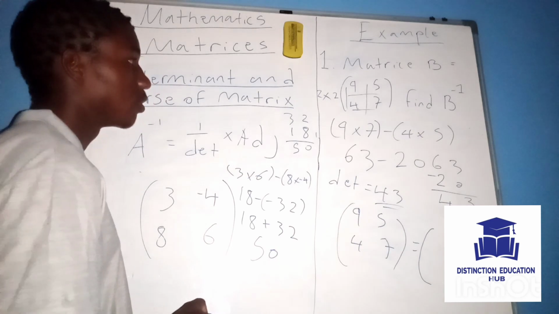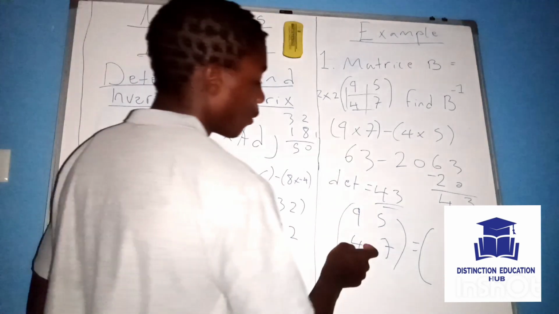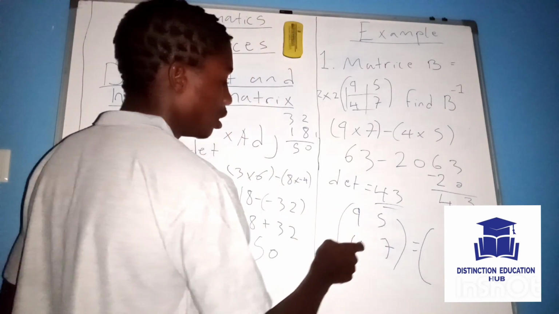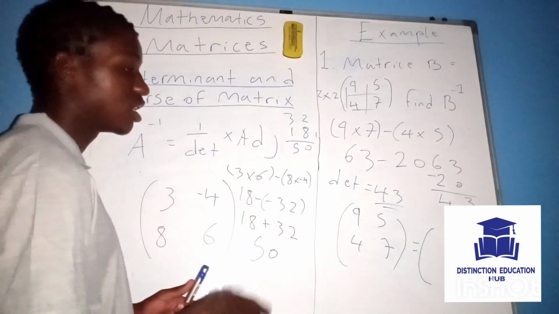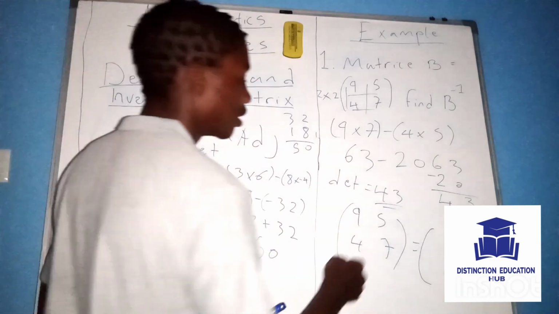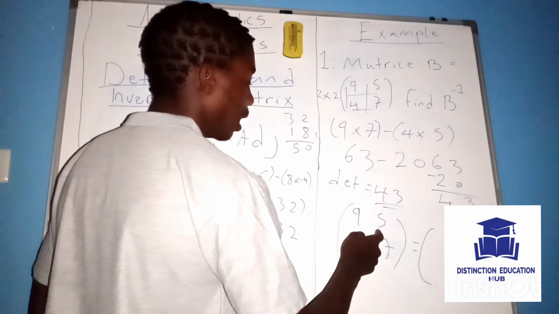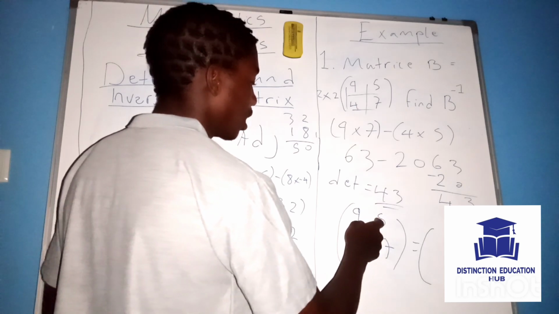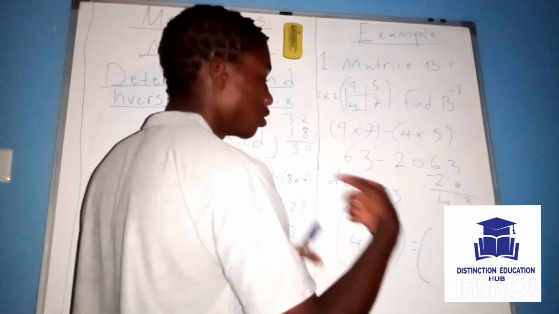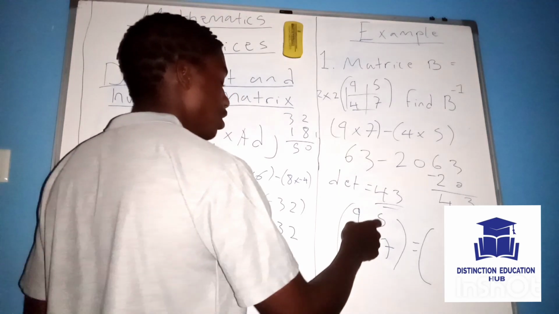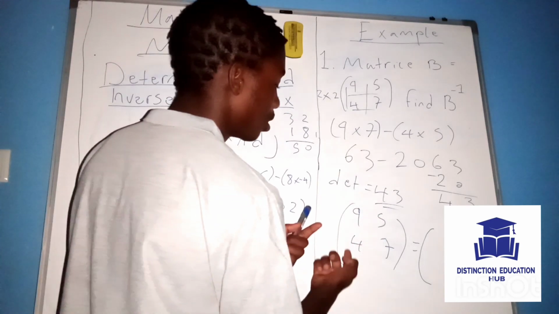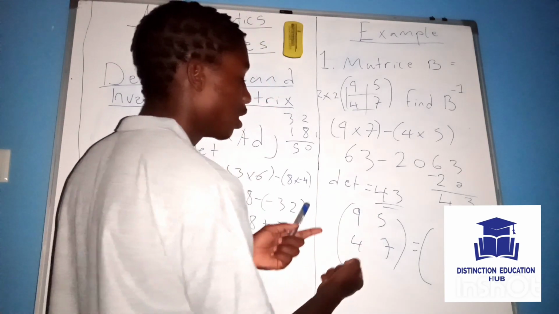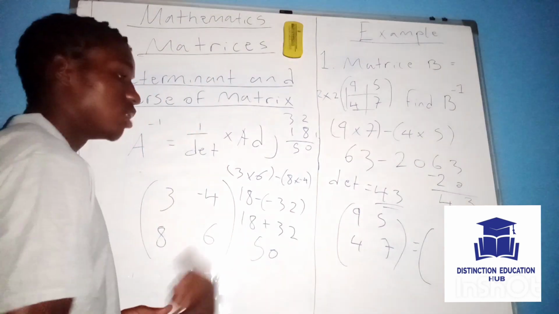For these other numbers here, they exchange signs. If there was a negative here, it was going to become positive, and since there was positive here, it was going to become negative.